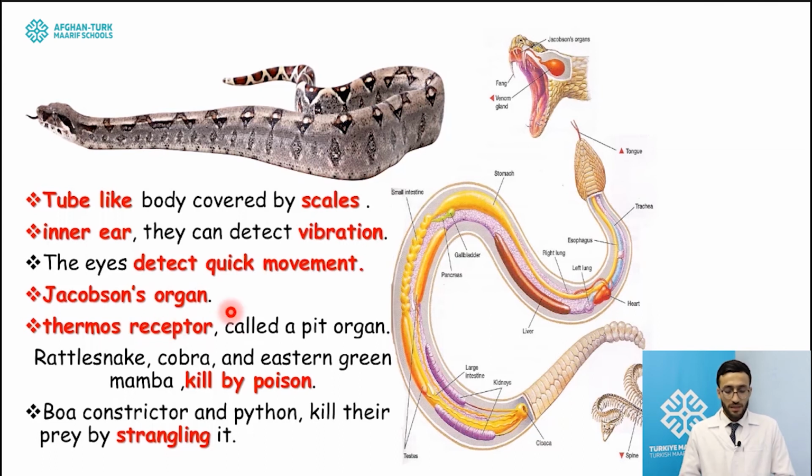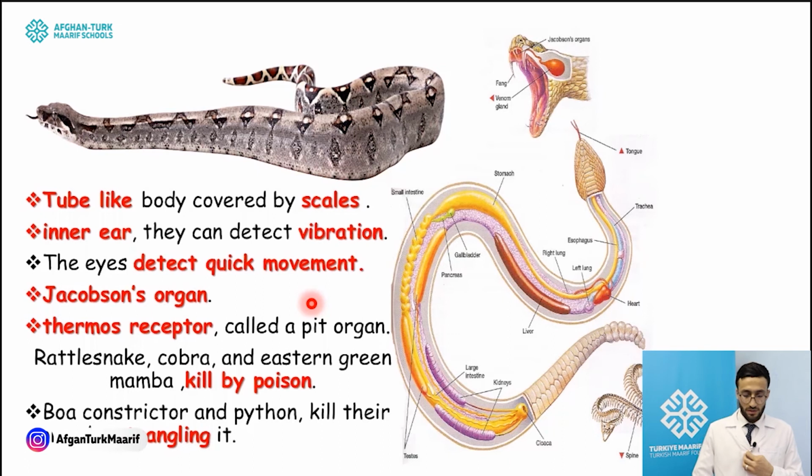Another important thing that these animals possess is called thermoreceptors. These thermoreceptors are used in order to see the prey in dark conditions. Mainly, warm-blooded animals act as prey for these animals, and they can be seen in dark situations also.